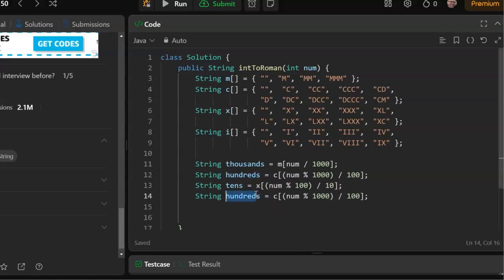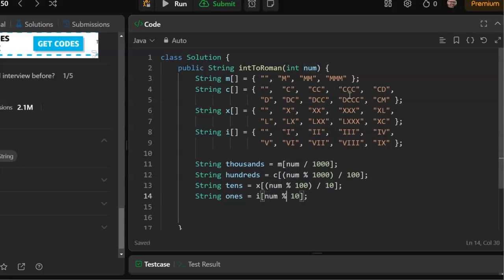The ones would be the I array. I array num mod 10. That's just the last digit. Take that off, and I don't really need parentheses either.